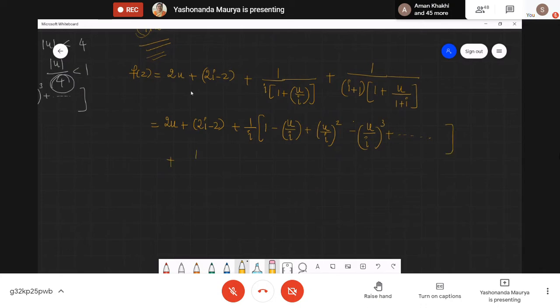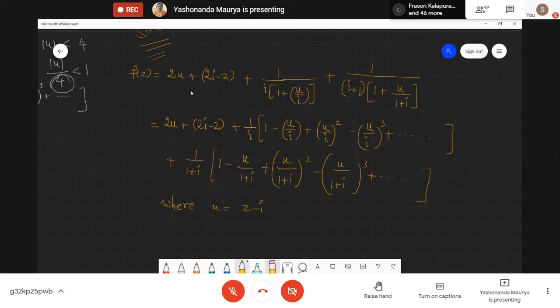Okay, plus 1 upon 1 plus i, and here we get 1 plus u upon 1 plus i, not plus, it will be minus, plus u upon 1 plus i whole square minus u upon 1 plus i whole cube and so on, where u is equal to z minus i. Just check this. Is this making sense to you? Can you understand this?